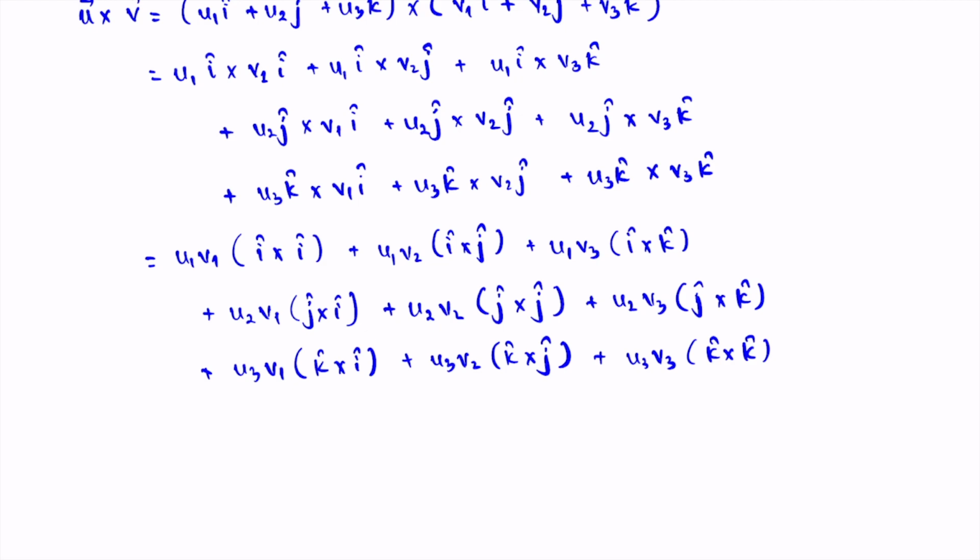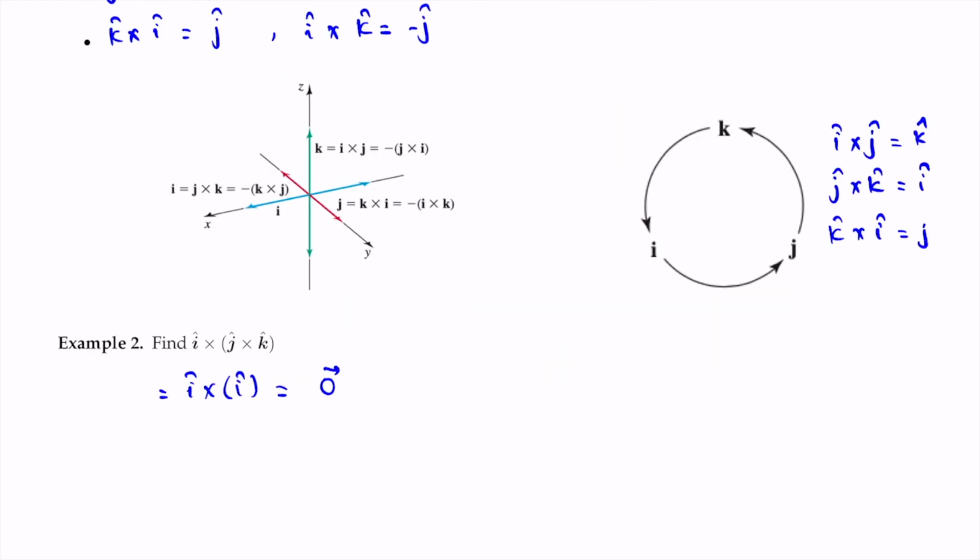So from the results that we got earlier on the cross product of the standard unit vectors, you can see that i crosses with itself will give you a zero vector, so this becomes the zero vector. j crosses with itself also gives you a zero vector, and k crosses with itself will give you a zero vector. And we're going to follow the cross products between the standard unit vectors.